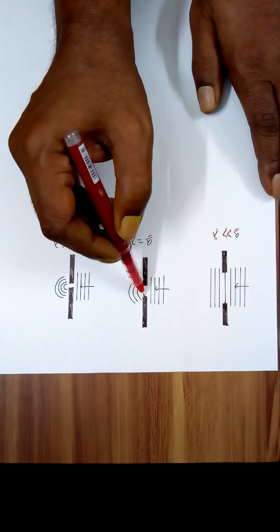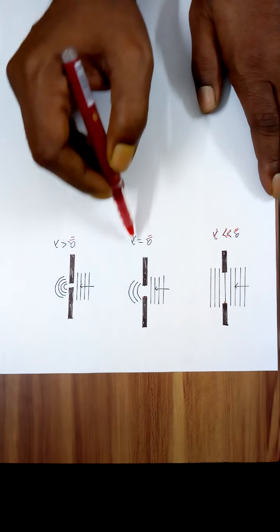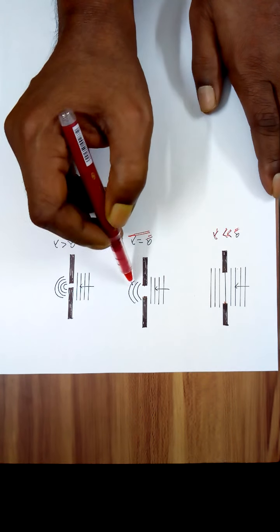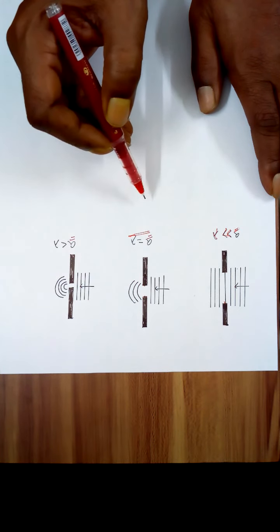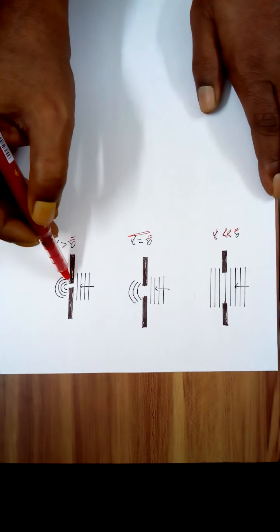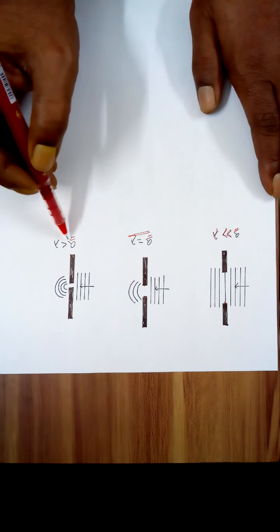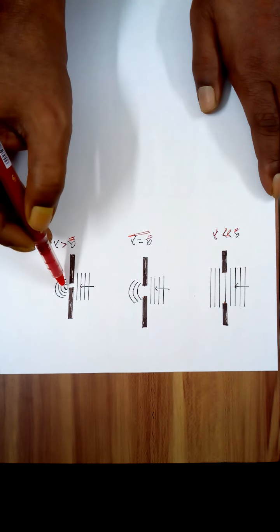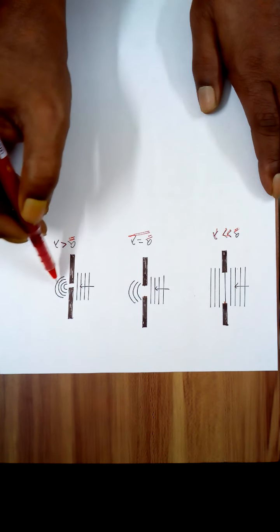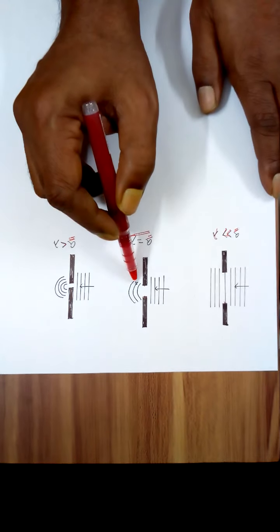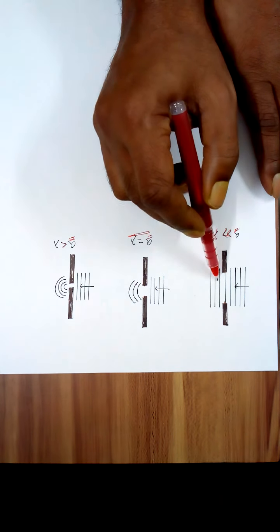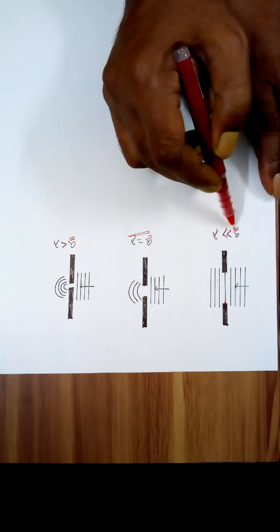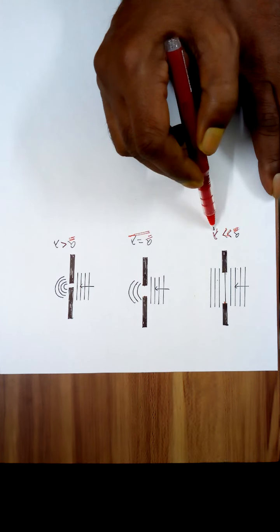Here, this opening is comparable with the wavelength of light, so there is some bending of light due to diffraction. That phenomenon is called diffraction. Here the opening is still less. If this opening is very much less than lambda, then the diffraction, the bending, is more. This bending is more as compared to this, and there is no bending here because the dimension of this opening is very much greater than lambda.